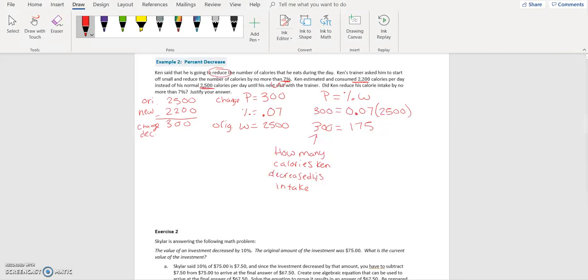And 175, so this was 7% of his original. So this is what it was supposed to be. This is how much he was supposed to do.